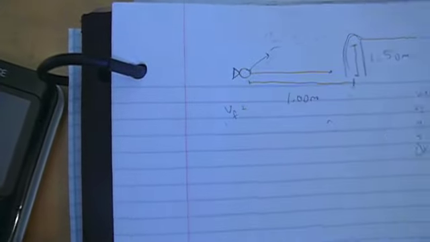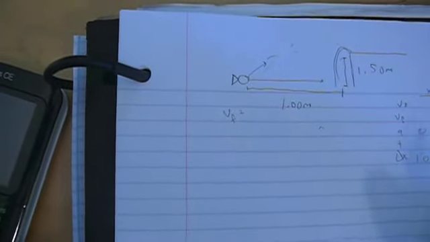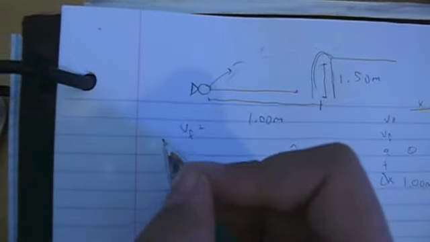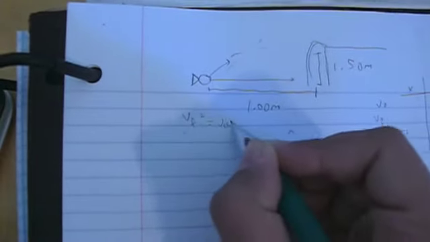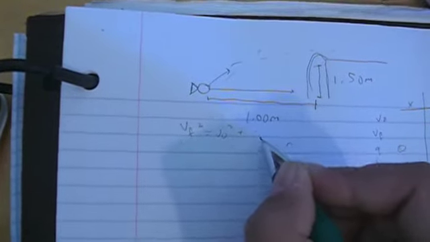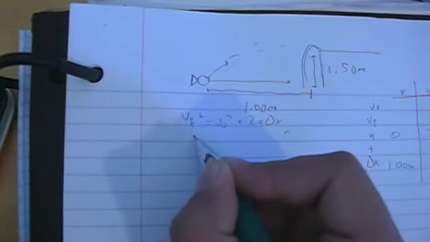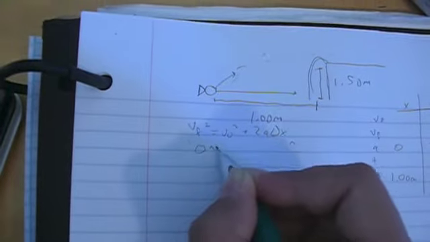The first equation is the final velocity squared, which equals the initial velocity squared plus 2 times the acceleration and the change in distance.